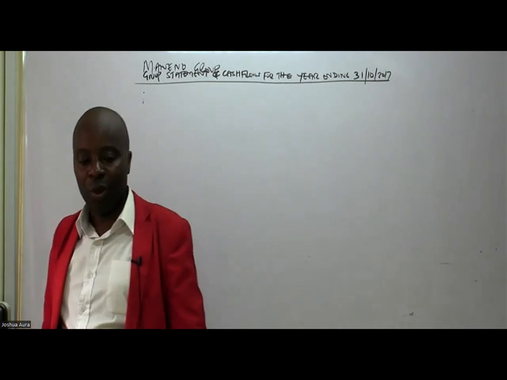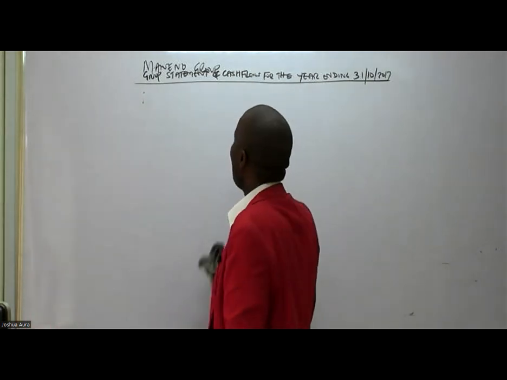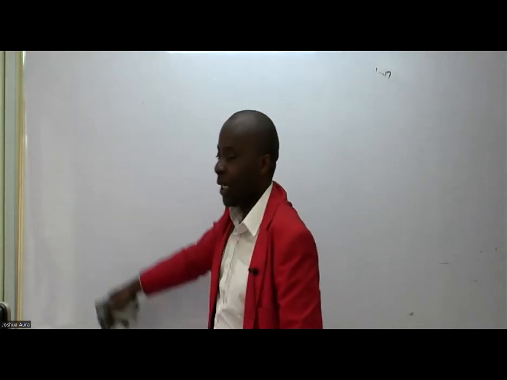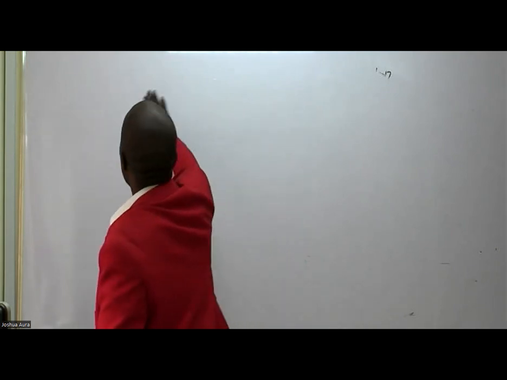Because I would want all the space in the world, I would want to rub this. Now that you have been able to write down the heading, I would want to rub this so that I can have a clean slate to start with. Now from there, ladies and gentlemen, in a cash flow statement we have three activities: operating activities, investing activities, and financing activities.